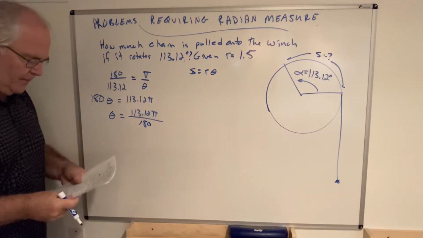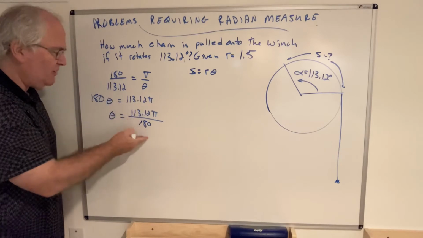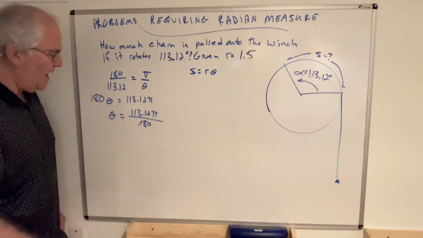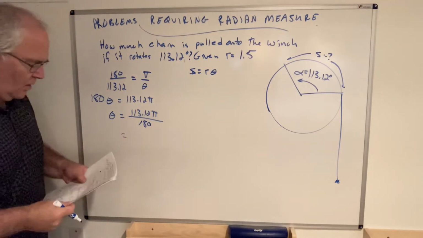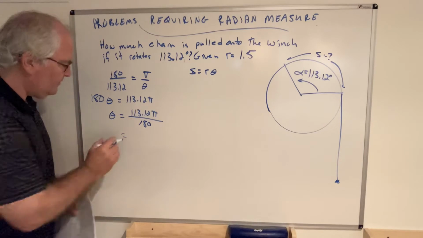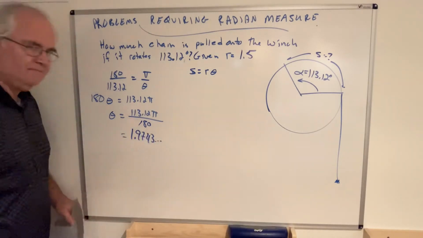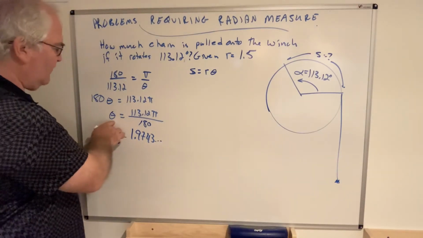Solve for theta. And now, only after you show me this, so that I can follow your logic, do you go to the calculator. And the value we get here, I've worked this out, is 1.9743, and so on. That's the value for theta in radians.